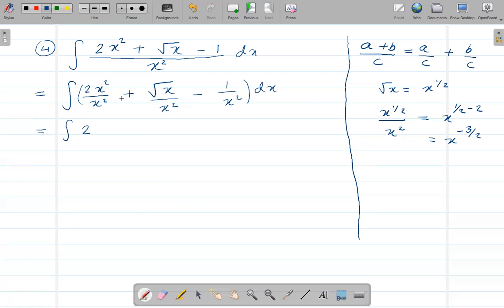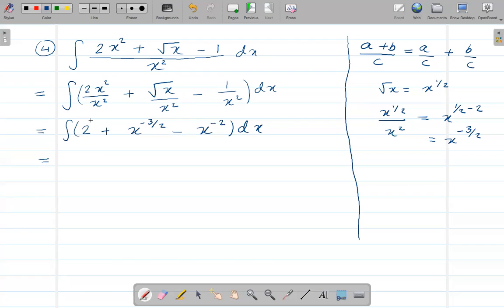So I can replace this whole thing by x to the power negative 3/2. And similarly with this one, when you move this to the top, it will be x to the power negative 2, right? Okay, now let's take the integration of each of these.